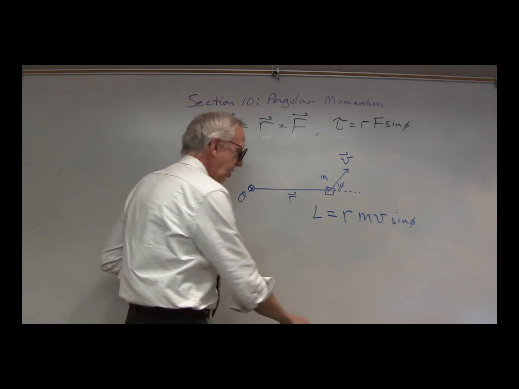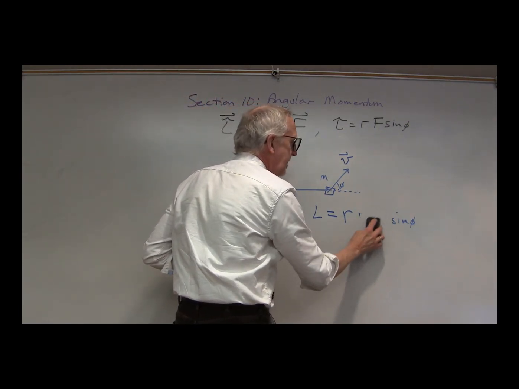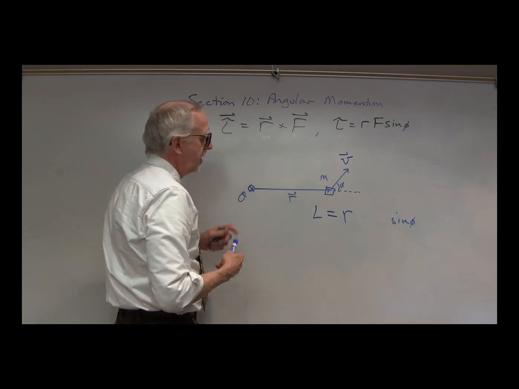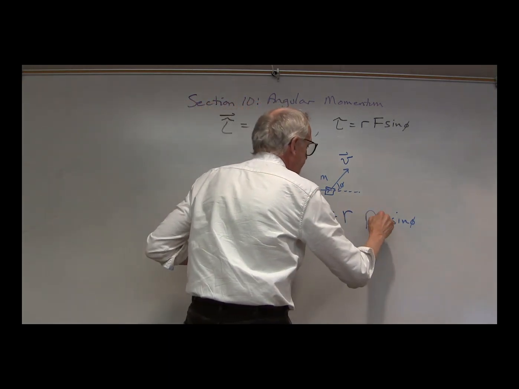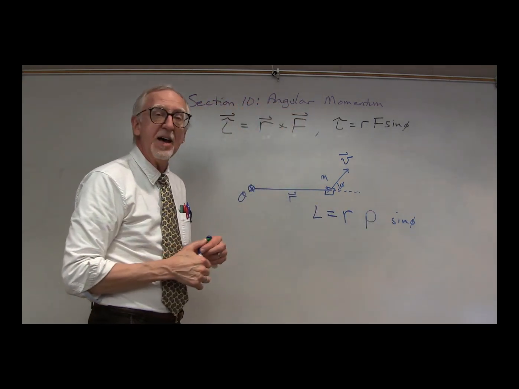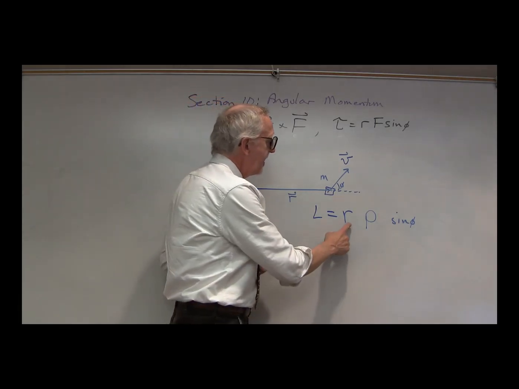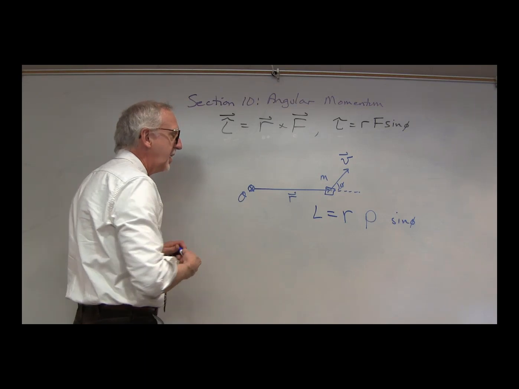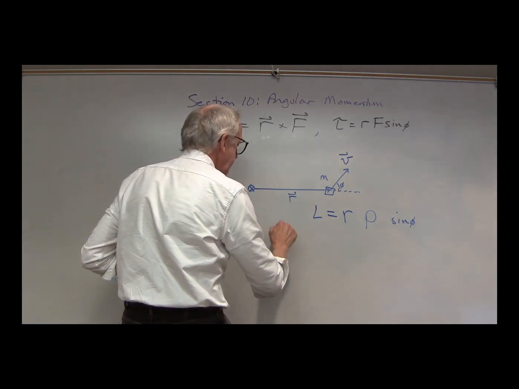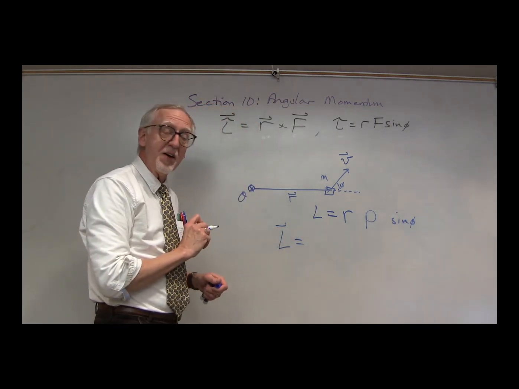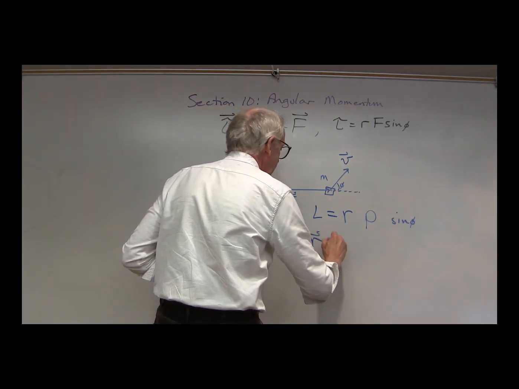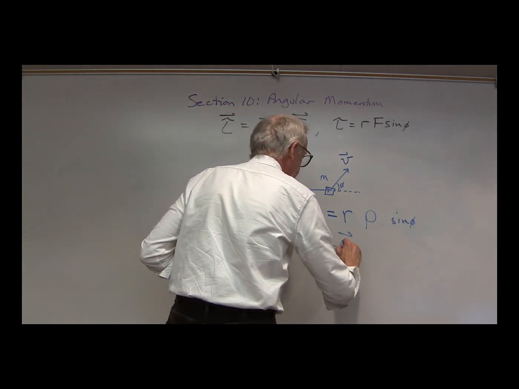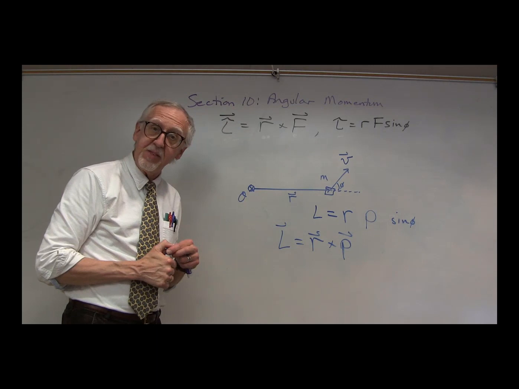We can make it a little more explicit. m v, what's m v? That's the momentum. So we can write this as L, the angular momentum, is R p sine phi. So maybe we could define the angular momentum in terms of the vector cross product, R cross P. Maybe that'll work.